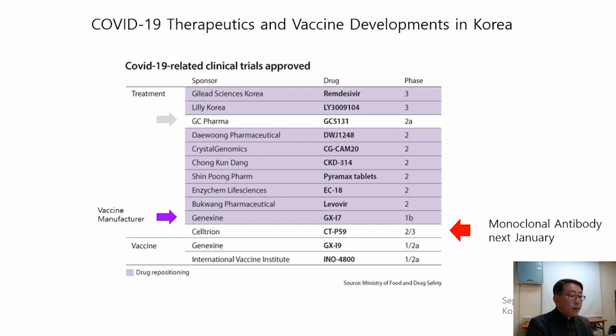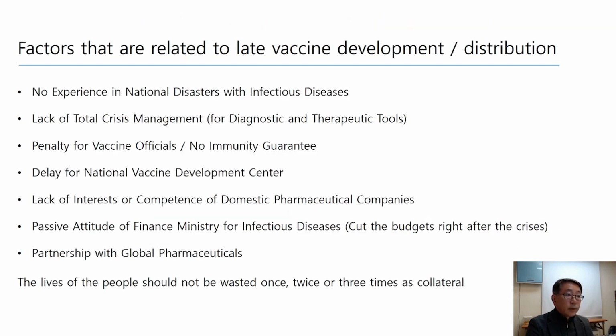So they will go through clinical stage 3, but they also submitted this study data to the government for emergency use. Anyway, it's good to hear we Koreans will get the vaccine soon.